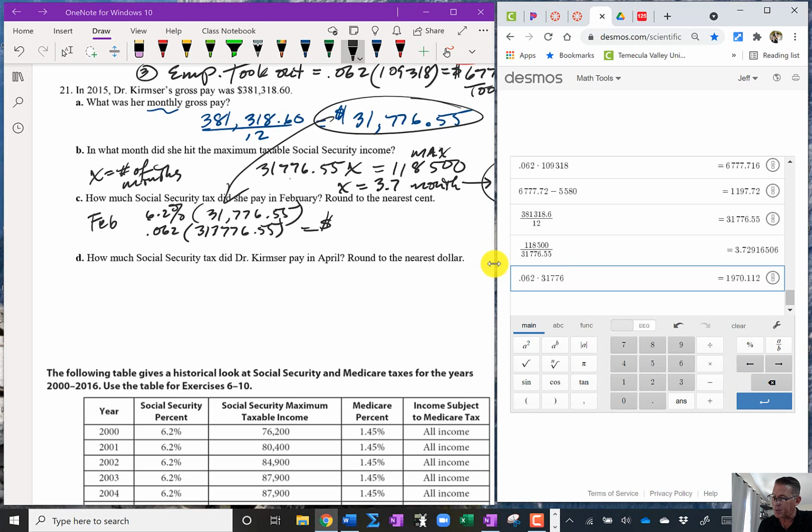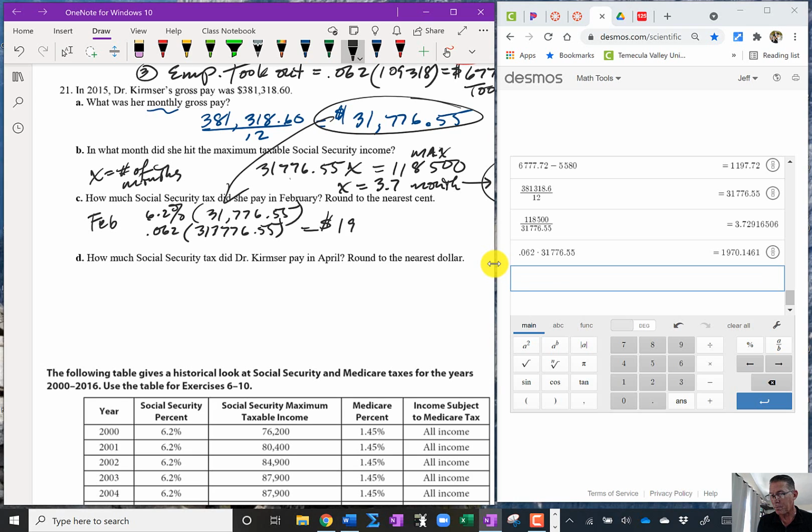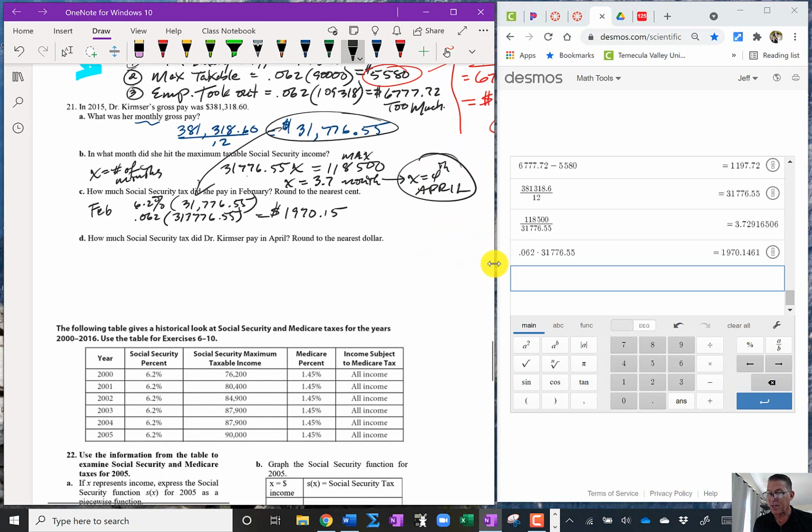So we know the max. What is the max? We have to calculate the max in 2015, so we have to sidetrack here. We need the max taxable in 2015, so we go up to the table and take a look. We have to calculate 6.2% of the 118,500.